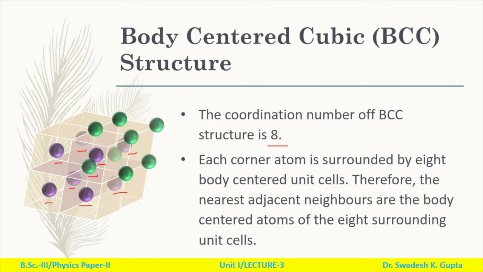So these 8 atoms are closest to this center atom, and other atoms are far from this atom. So it has 8 closest neighbors, and so the coordination number is 8.